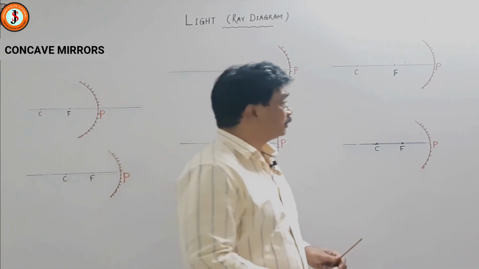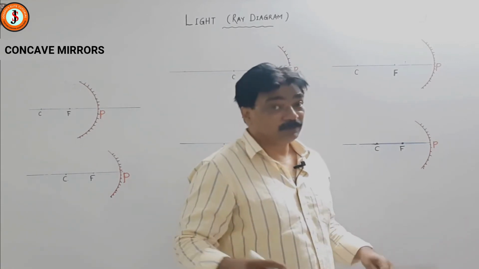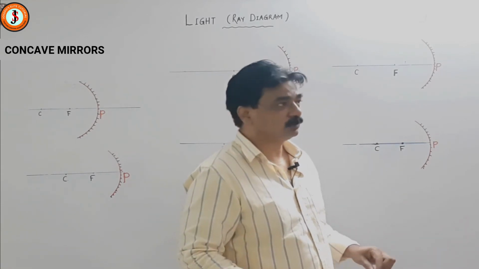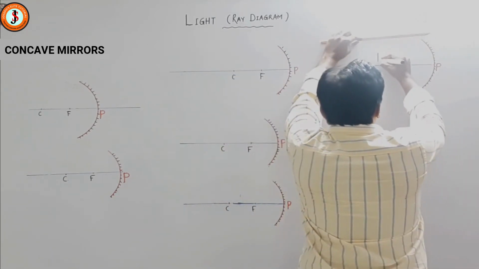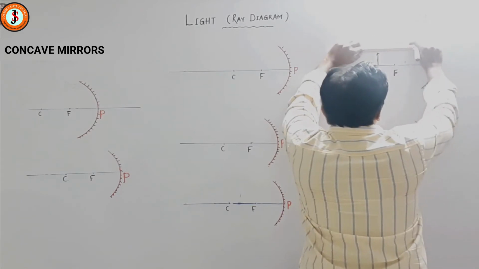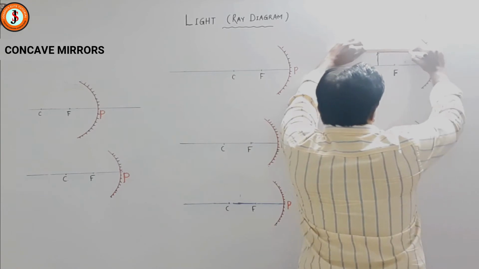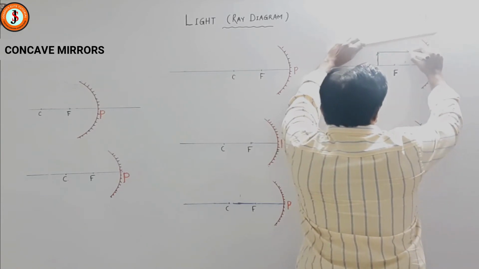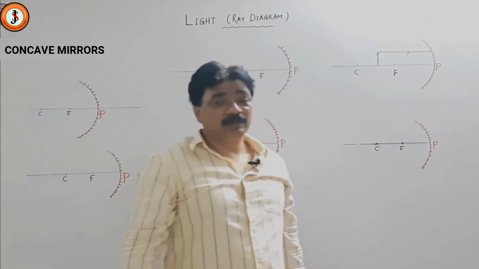Second thing is, there are certain rules which have to be followed, and I'll also be giving you the reason why we do this. Suppose I keep an object over here and I need to form an image. So how is an image formed? We have to always take a minimum of 2 rays and see where they intersect after the reflection.